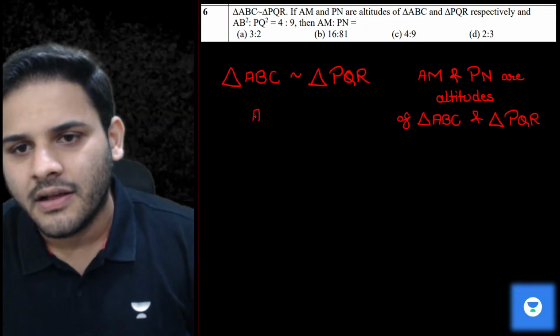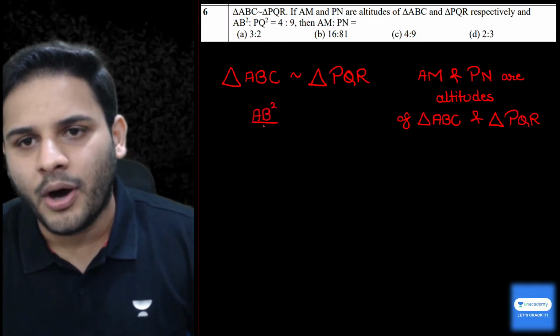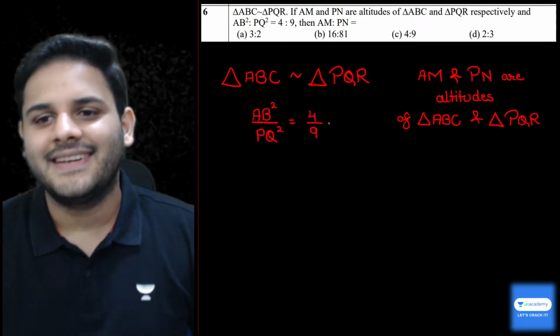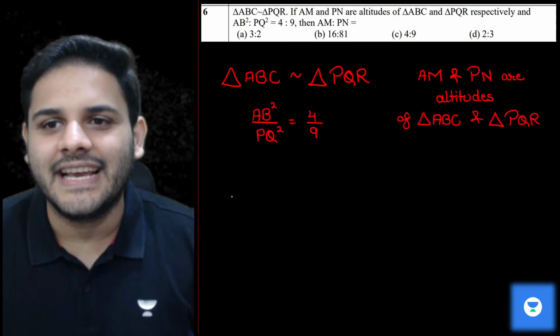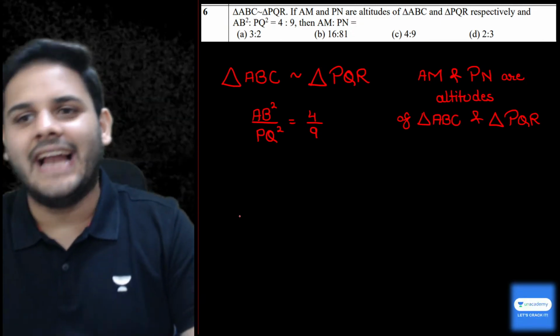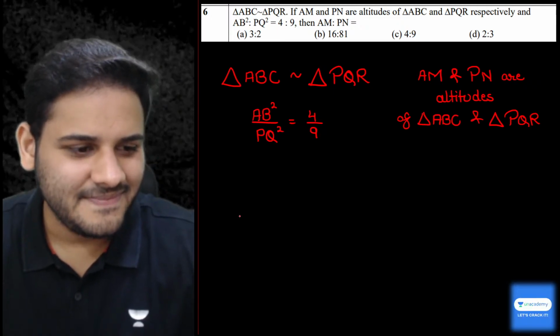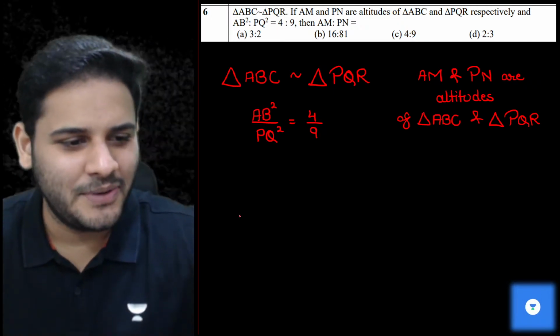Also, they have mentioned AB square upon PQ square is equal to 4 upon 9. Now they are asking us AM upon PN, that is the altitude ratio, will be what?